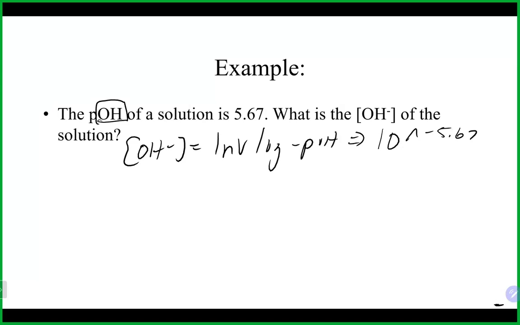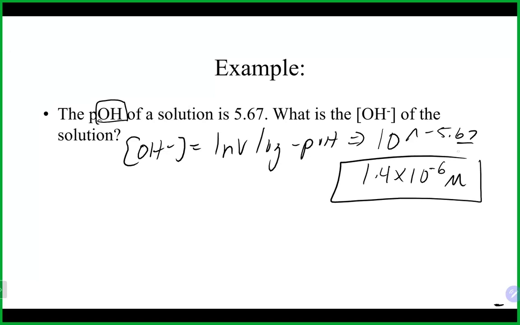Oh, that's a lot of zeros. 1.4 times 10, looks like 1, 2, 3, 4, 5, 6. It looks like maybe minus 6 molar. In this case, again, 2 decimal places, 2 sig figs here in the concentration. Any questions on how to calculate pH, pOH, OH plus, OH minus, any of those things?